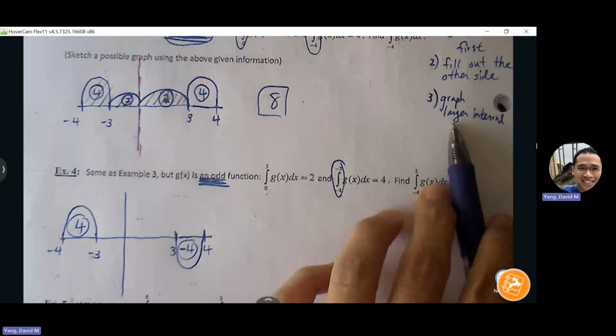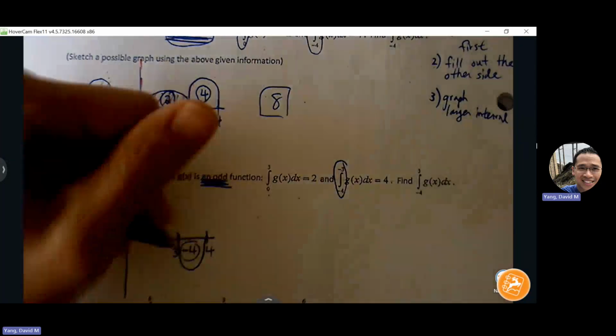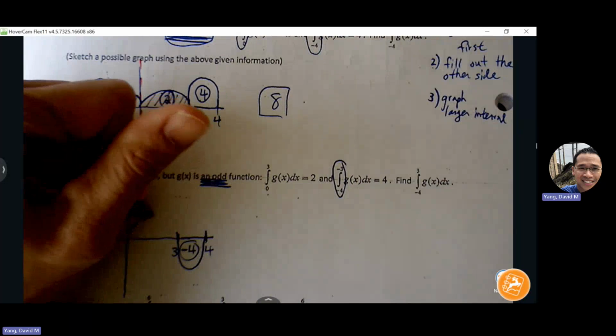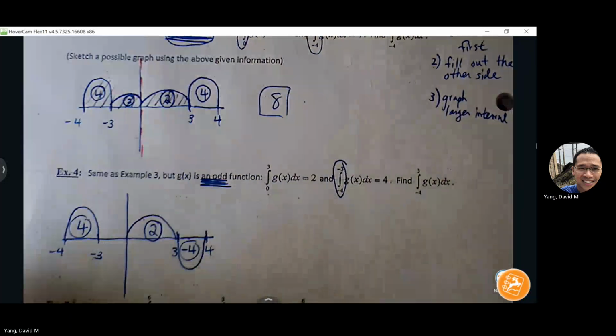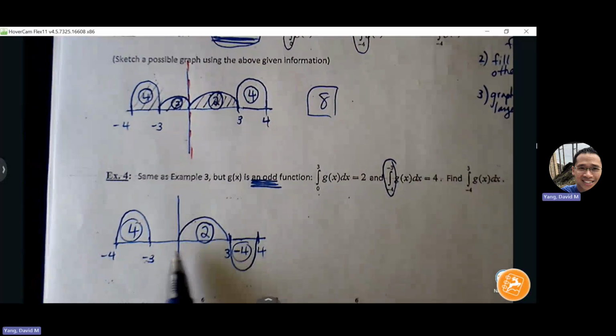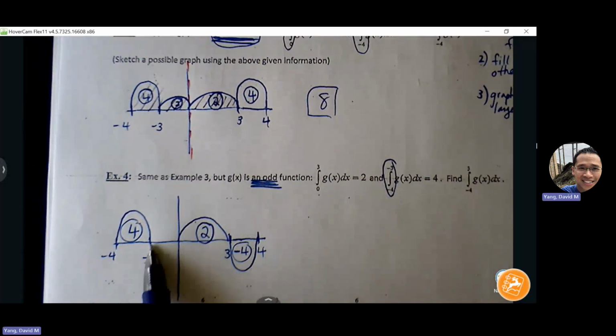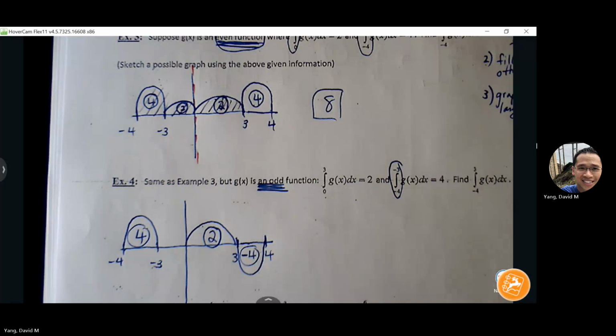All right, so now let's do the larger interval. Larger interval is from 0 to 3. 0 to 3 is a positive 2. What can we do to fill out the rest of this graph? What can we do from -3 to 0?